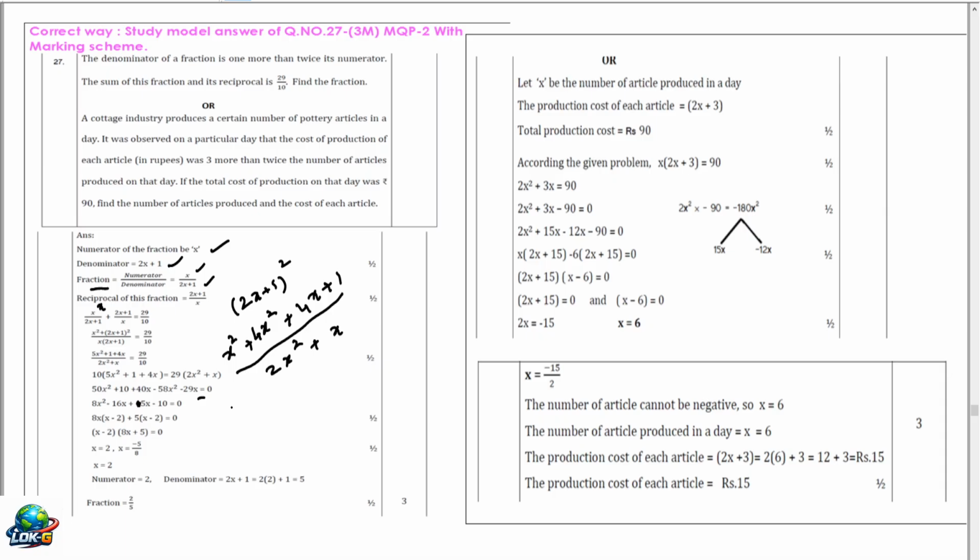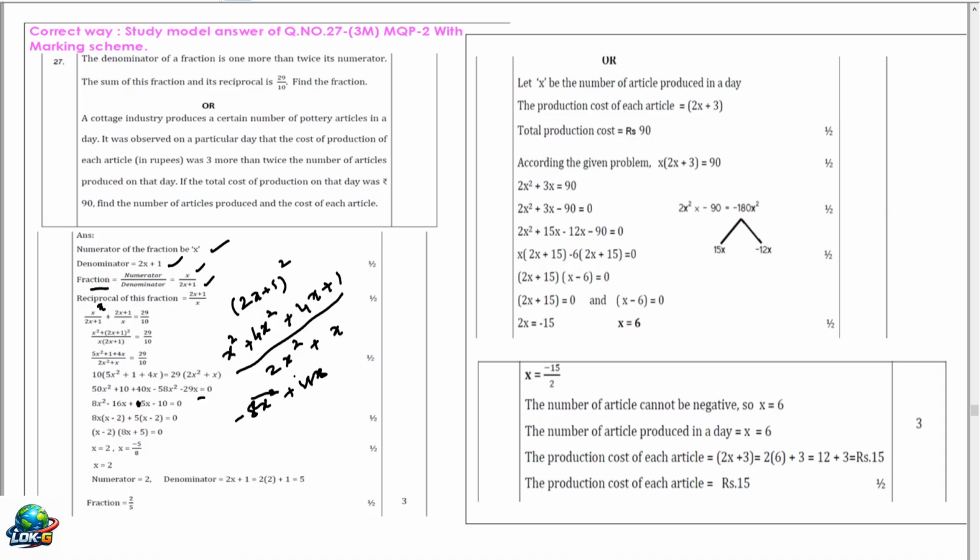Now, you can simplify this. That is, you get 50x square minus 58x square is minus 8x square. Observe carefully. 40x minus 29x is plus 11x. They have not written the step there, I am writing here.